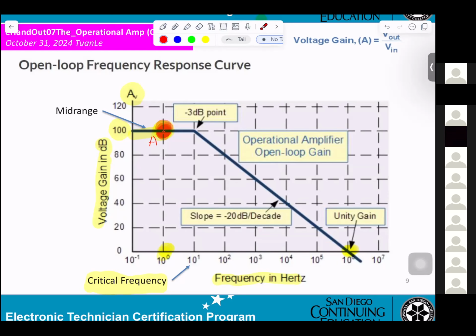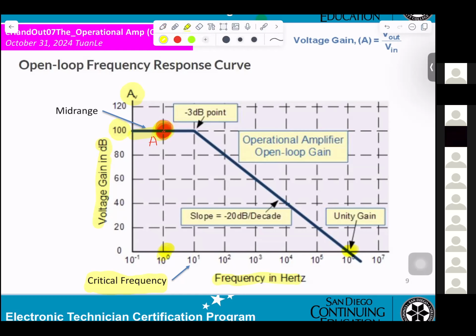Okay, that's what I said, when you're looking into the display, you're able to identify. What is the gain? What is the frequency? Now, when they go down minus 3 dB, that means critical frequency at this point.